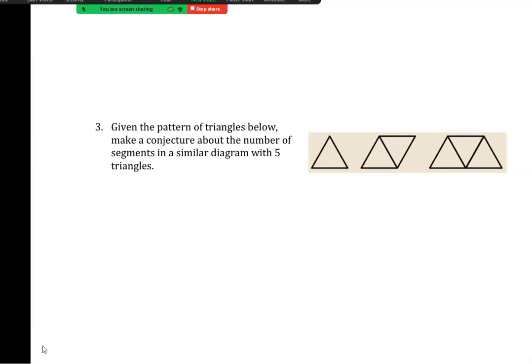Given the pattern of triangles below, make a conjecture about the number of segments in a similar diagram with 5 triangles. Okay, so 1 triangle, 2, 3. What's the pattern with the segments? So there are 3 segments here, 1, 2, 3, 4, 5. Here, 1, 2, 3, 4, 5, 6, 7 here.